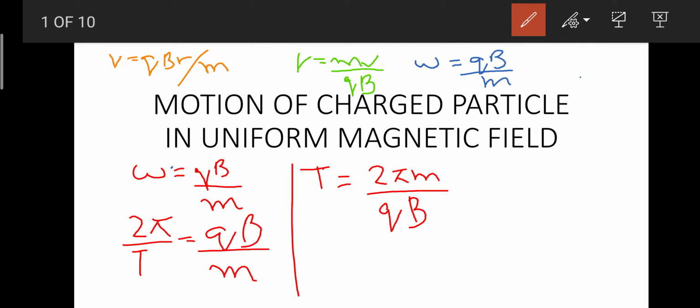So this is the next thing we have determined, that is T equals 2 pi m over qB, the time period.